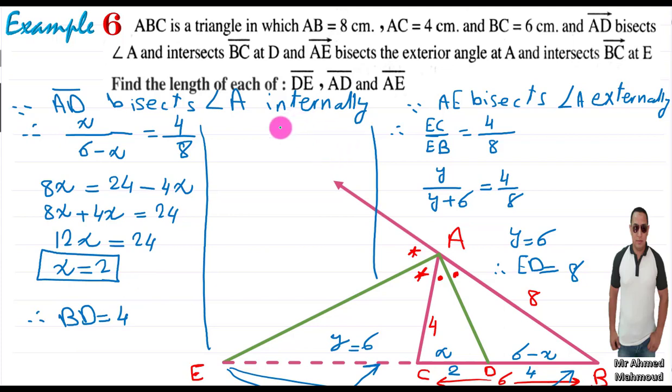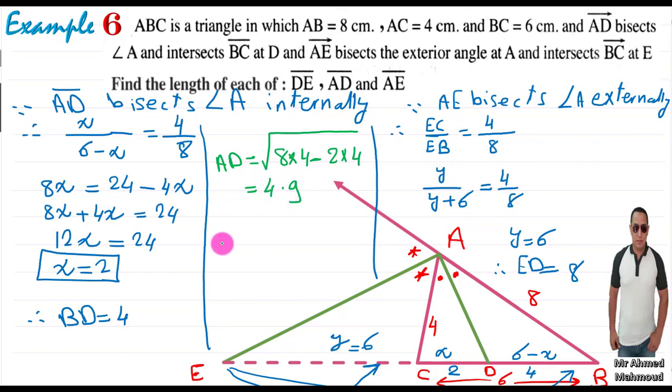Now I need to find AD. AD equals the square root of AB times AC minus CD times DB. So it is 8 times 4 minus 2 times 4. It is equal to 4.9.